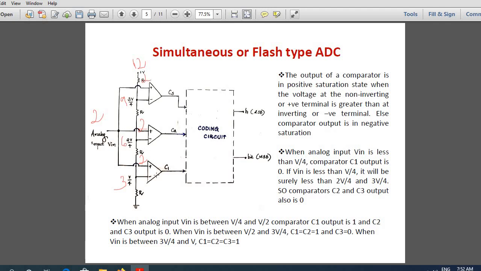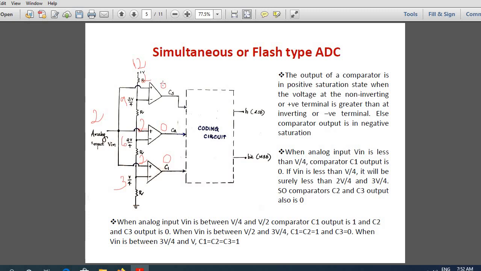What happens with the output voltage? It is the comparison between these two. The negative terminals are higher, right? So when the output voltage is negative, the comparators go to negative saturation, or you call it logic 0. All the op-amp output voltages will be negative, and the circuit goes to negative saturation.